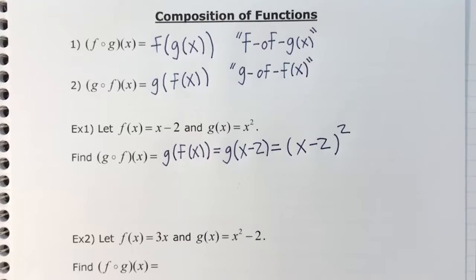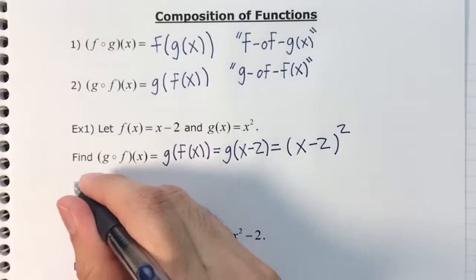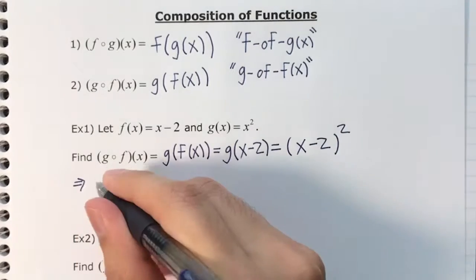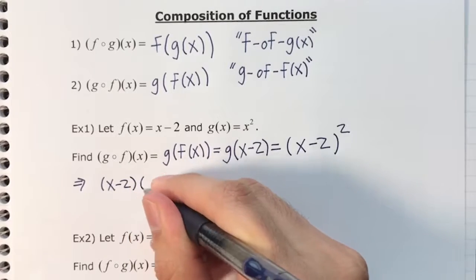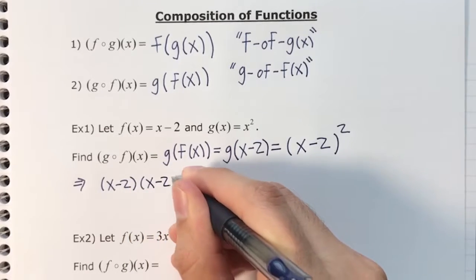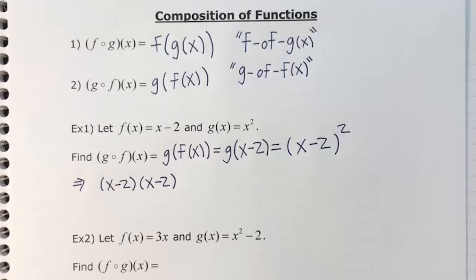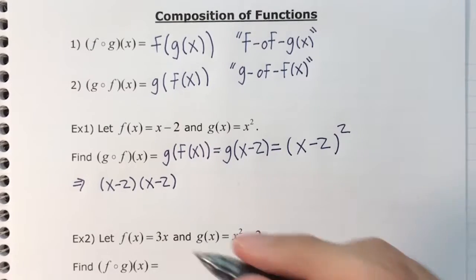Now, let's always make use of the room that we have. I notice that sometimes I don't do that. So x minus 2 times x minus 2. We're going to have to expand this. In other words, we're going to have to use the distribution rule.